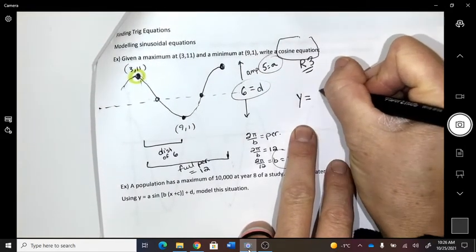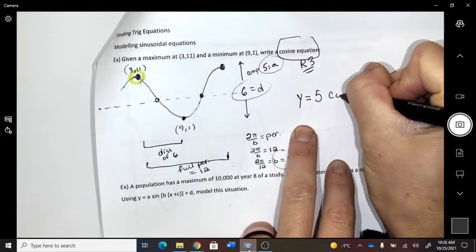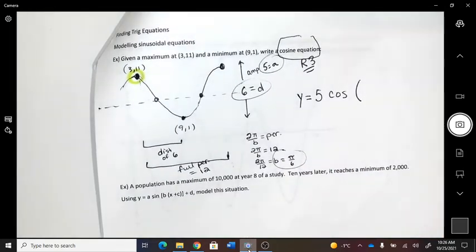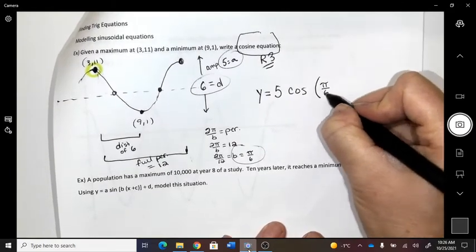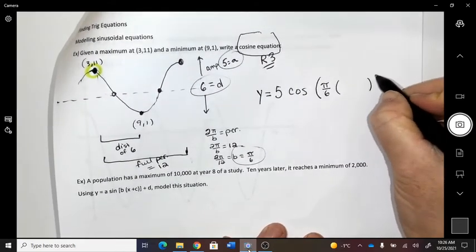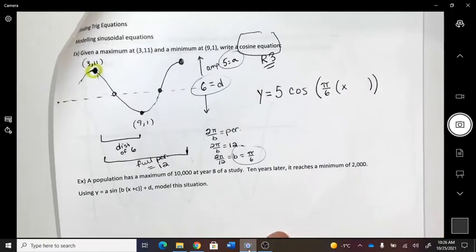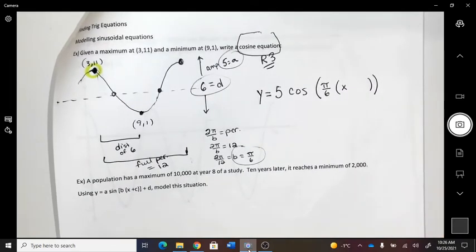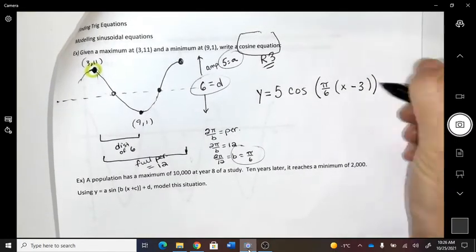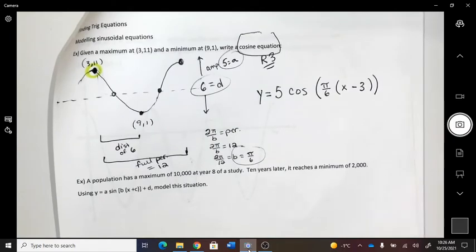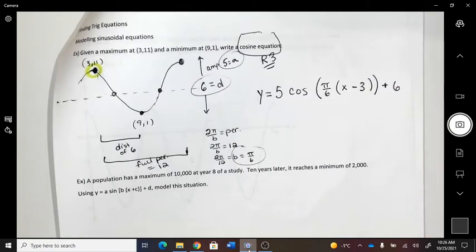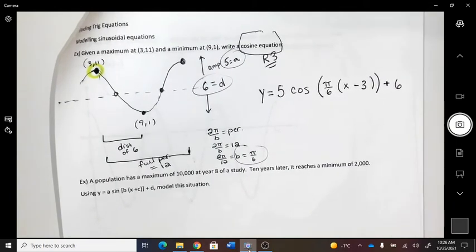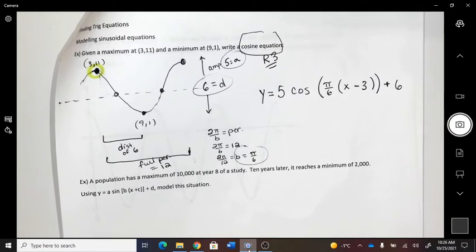Y equals 5 cos, that's the A, B x, how do you make something show right 3? Right 3. And then the midline shifted up 6. Does this make sense? From all the things that we just did, now we're going backwards with them.